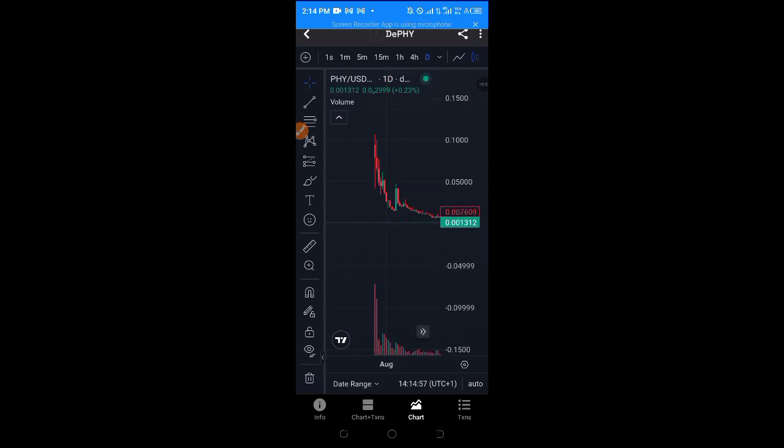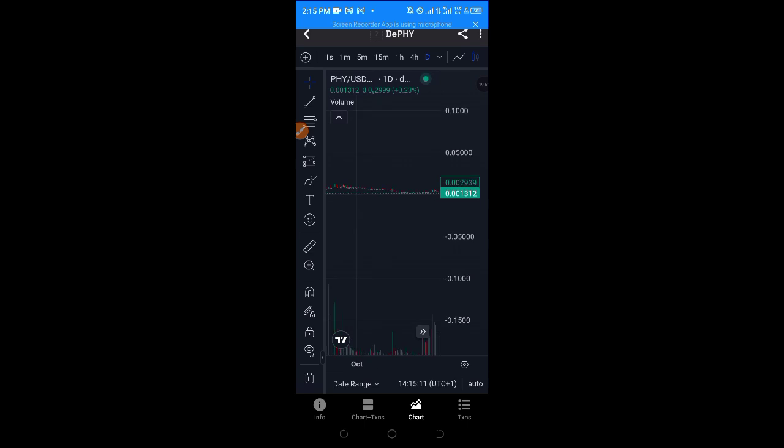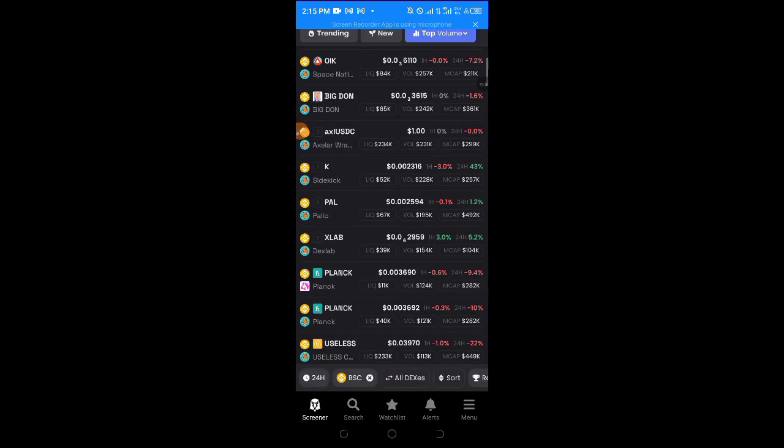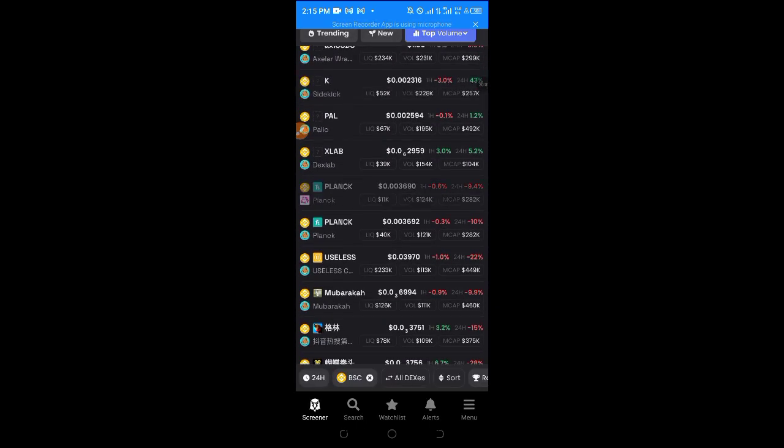It was launched at this point, and since the time it was launched, it has kept on going down. So this is a bad chart, a very bad chart. When you see this kind of nonsense chart, just save yourself and save your money and kindly move away from it.